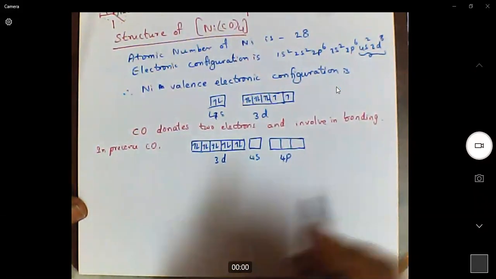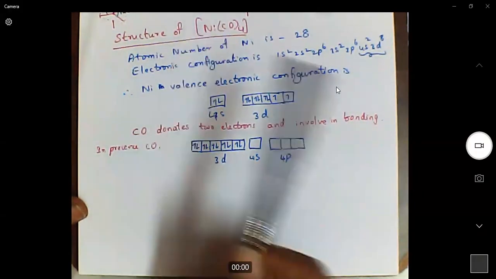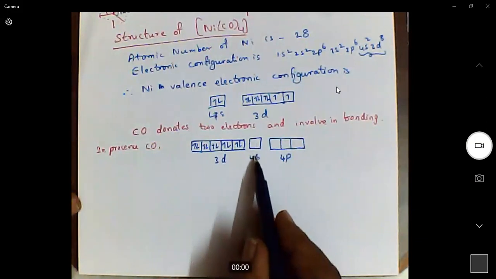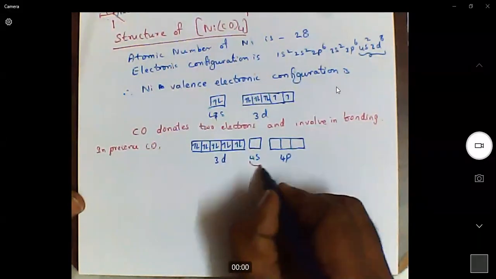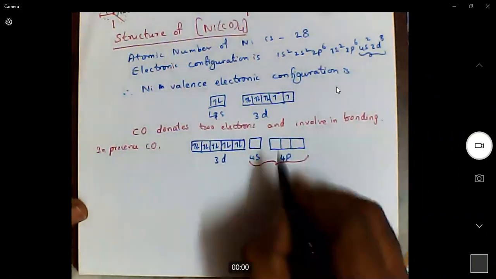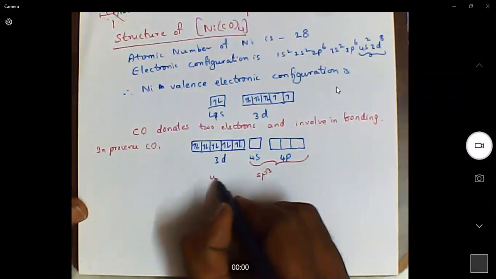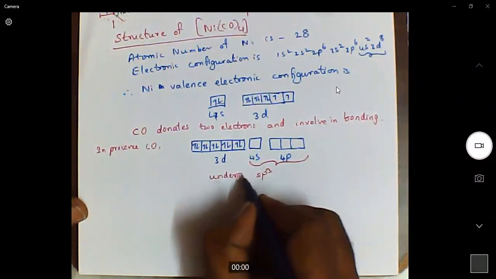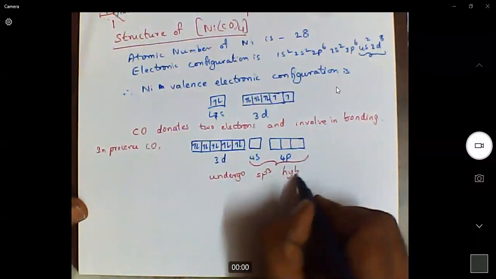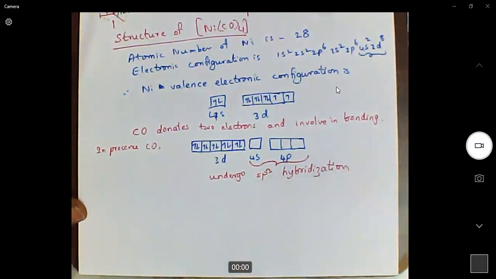Now we need four empty orbitals to form four bonds. So we have four empty orbitals here, 4s and 4p. These 4s and 4p orbitals will undergo sp3 hybridization.